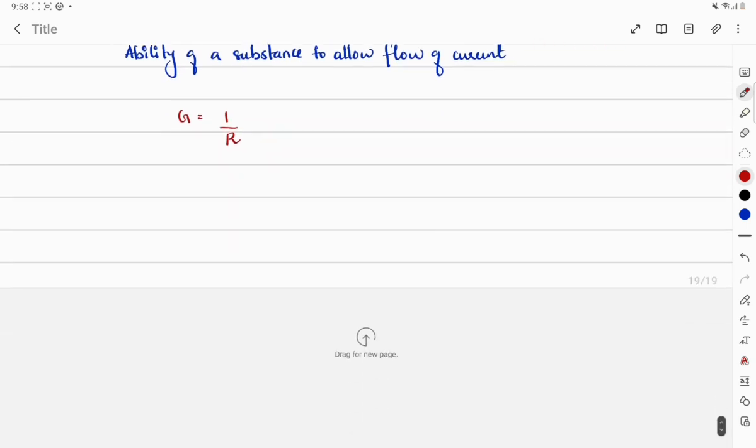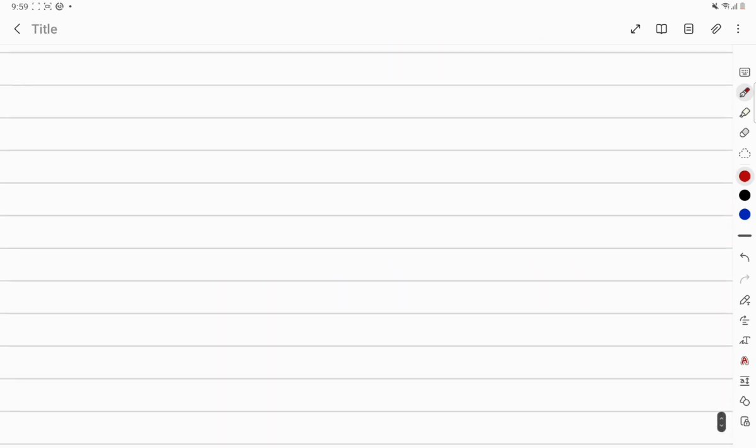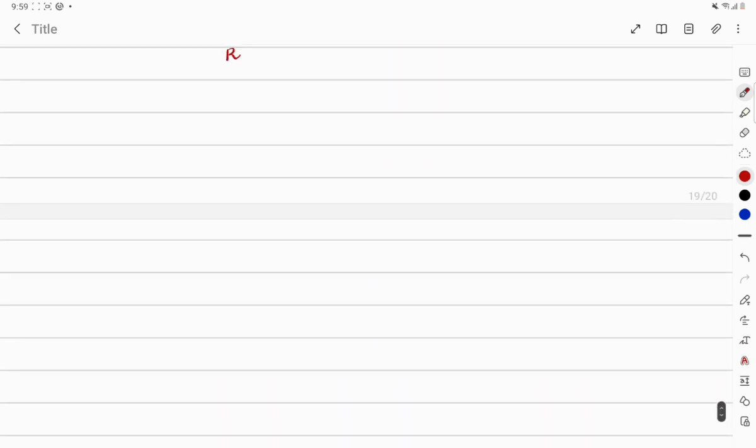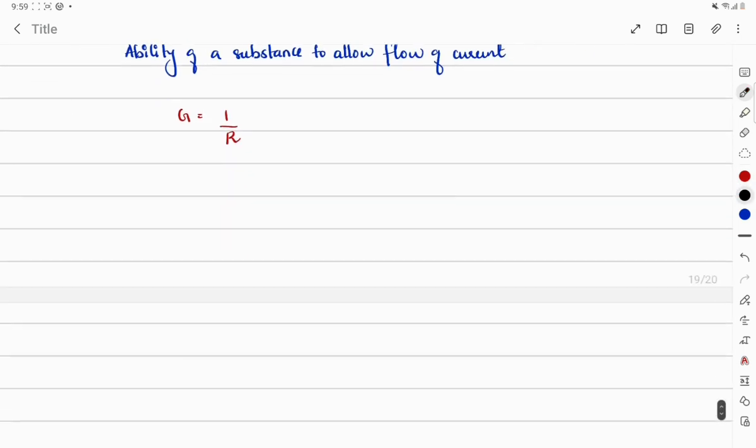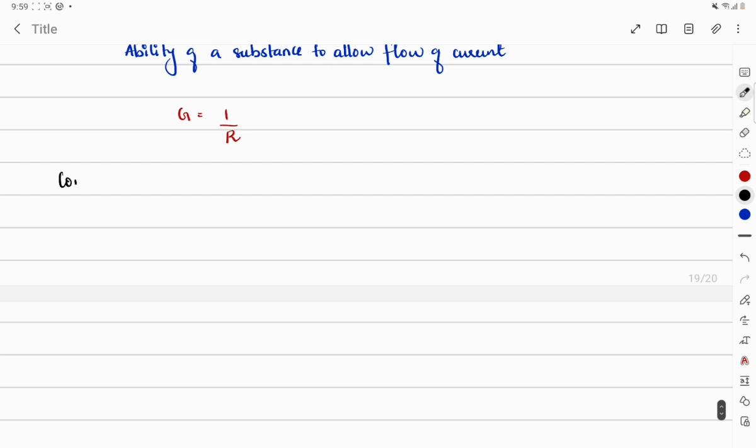The next thing is the reciprocal of resistivity, and that should be called conductivity. The letter which we use to represent conductivity looks like K, but it is actually called kappa.